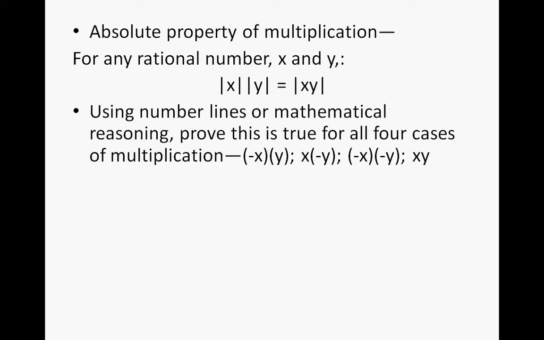So I want you to take the absolute value of minus x times the absolute value of y, and so forth. And using number lines, prove that when you get the absolute value of x times the absolute value of y, you get the absolute value of both x and y. So when you're done with that, go ahead and start the video again and continue on.